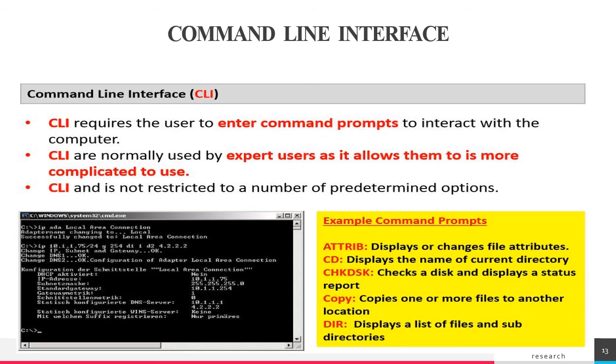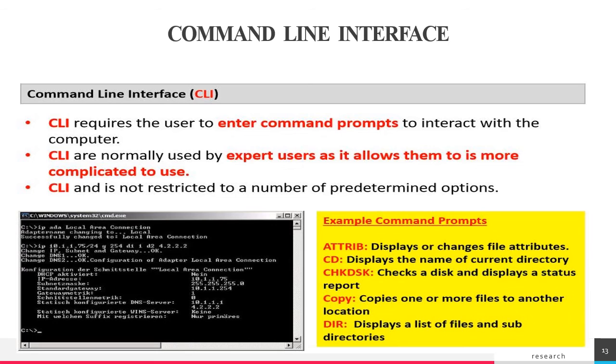Okay, so examples of command prompts that we have are ATTRIB, which displays or changes file attributes. The CD displays the name of the current directory, so CD is for current directory, ATTRIB is for attributes. CHKDSK checks a disk and displays a status report.